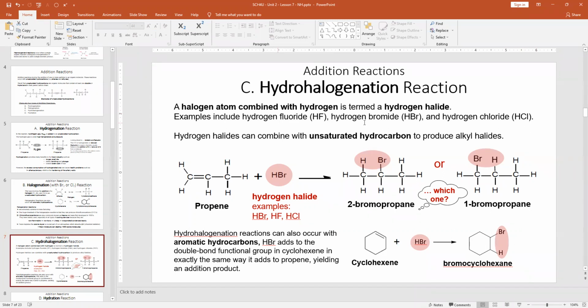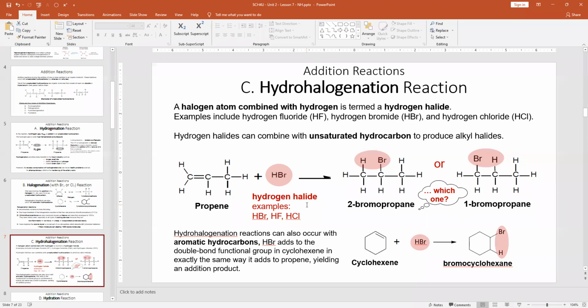So these are all hydrogen halides because they have one hydrogen and a halide. And hydrogen halides combine with unsaturated carbons, like we have in this example here, to produce alkyl halides.